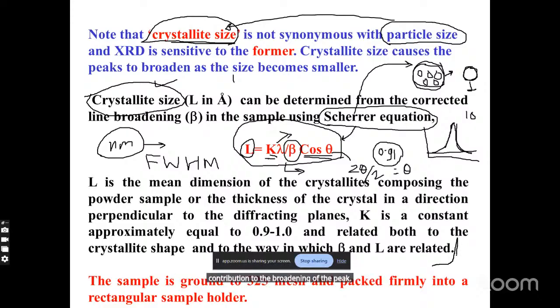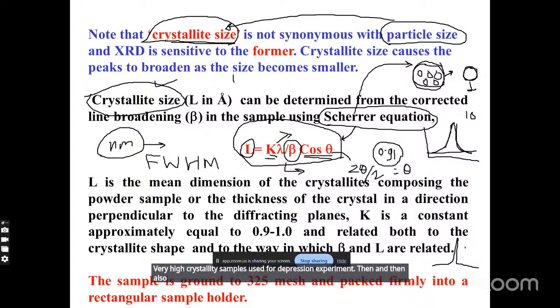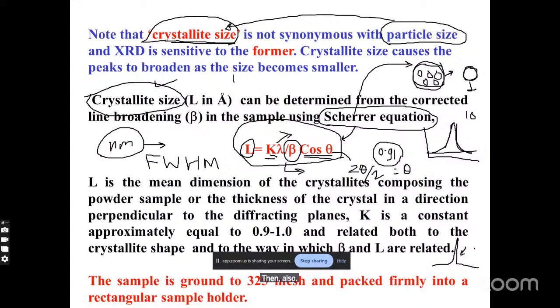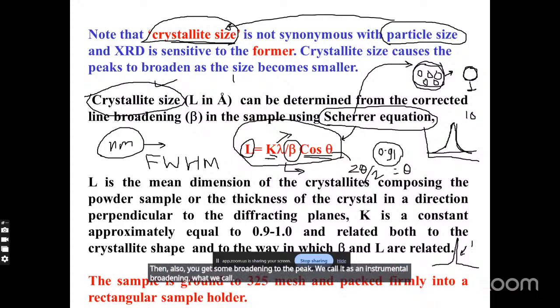Even if you use highly crystalline samples for a diffraction experiment, you will still get some broadening of the peak. We call it instrumental broadening.